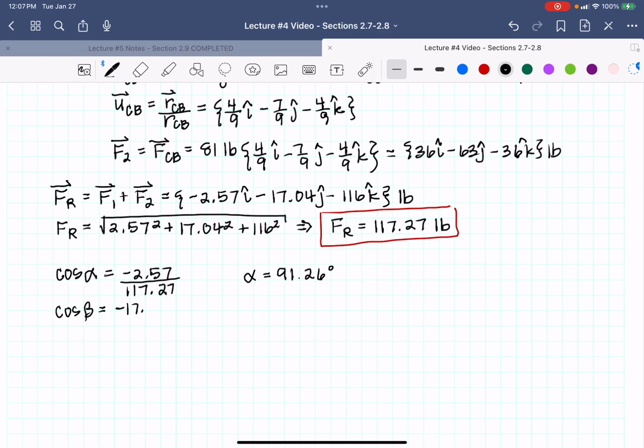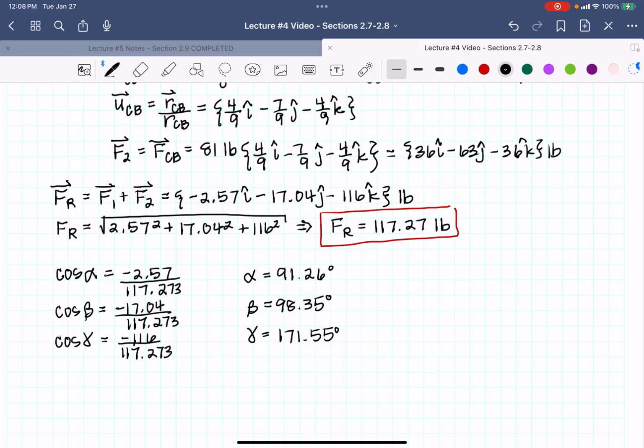Negative 17.04 over 117.27 gives me beta equals 98.35 degrees. And the last, the cosine of gamma for the z-axis angle is negative 116 over 117.27. Gives me gamma equals 171.55 degrees. That's the end, so box your answer, and you've got your answer.